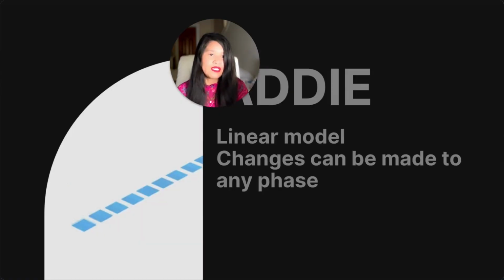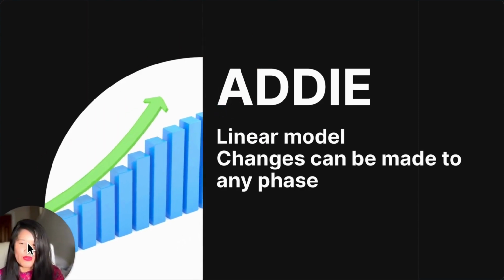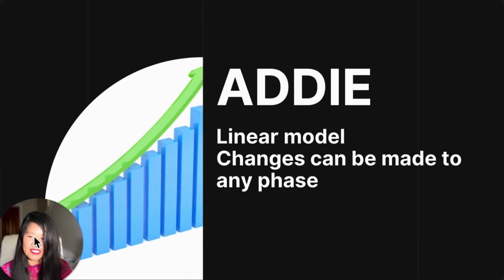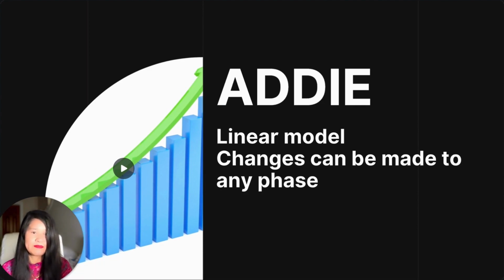All right. So while ADDIE is a linear model, it is important to note that changes can be made to any phase based on feedback that we receive during any of these phases. Because some of the criticism from people is that because ADDIE is very structured, it's harder to make changes.